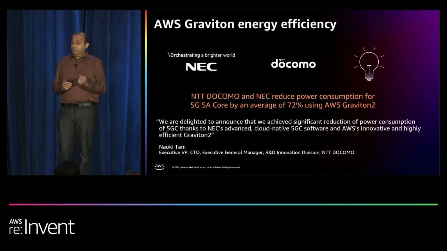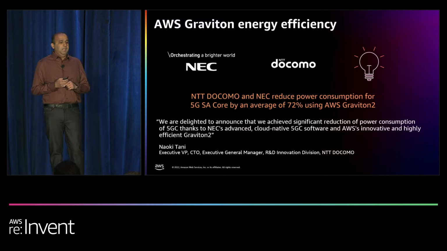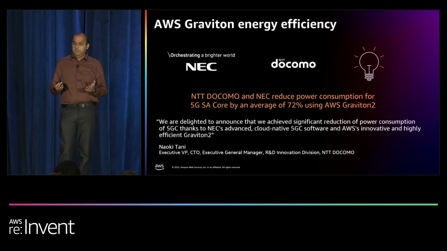Another key theme that's resonating with the customer base is around the energy efficiency of Graviton processors that contributes towards customers' sustainability goals. An example here is with NEC and NTT Docomo, when they saw a 72% reduction in power consumption running their 5G core software on Graviton processors.